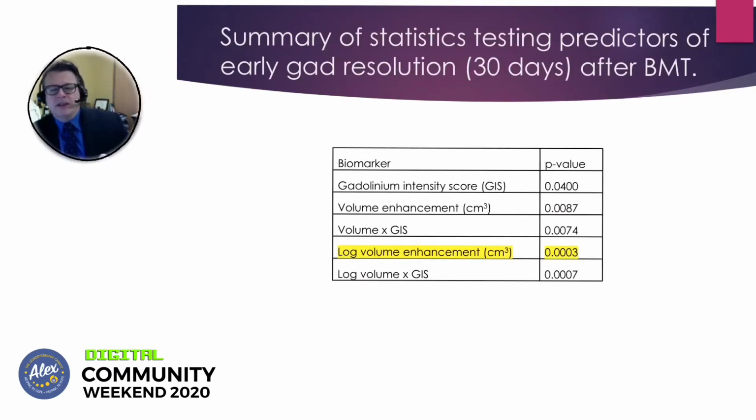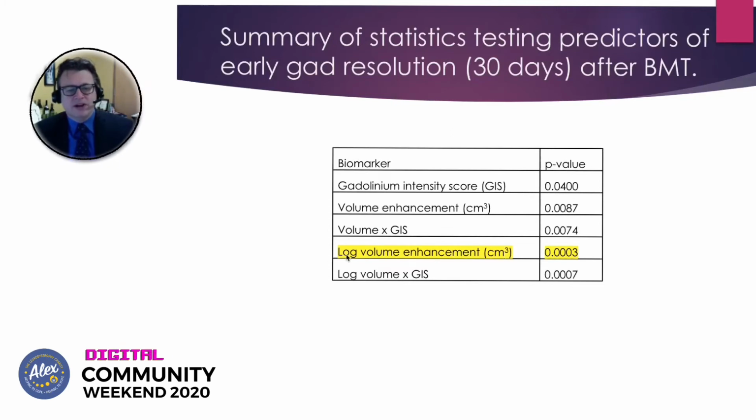So then I just simply said, does this correlate to early gadolinium resolution? And when I use the word early, I'll just use that as a surrogate for 30 days, since that's our first MRI. I looked at the gadolinium intensity score, which I explained to you. I looked at regular volume, which we just went over.